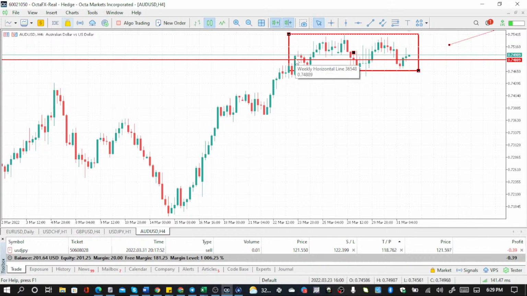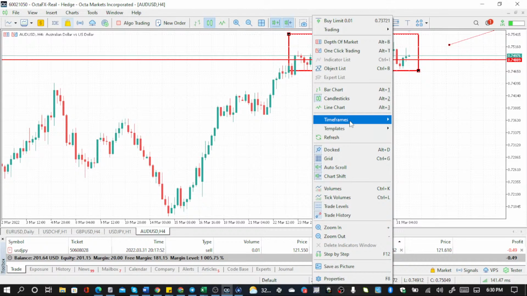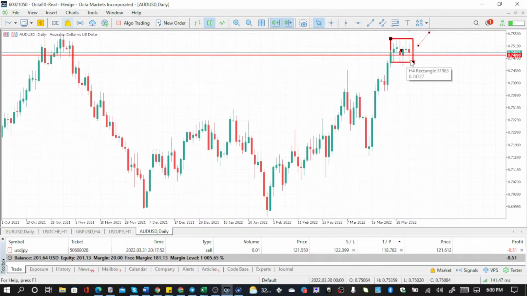Now from this place, the information might not be clearer because it's consolidating here, but if you look at the daily time frame, we have more clear information. Rejections from the downside and rejections from the upper side.